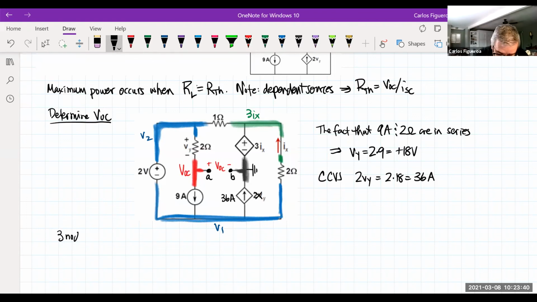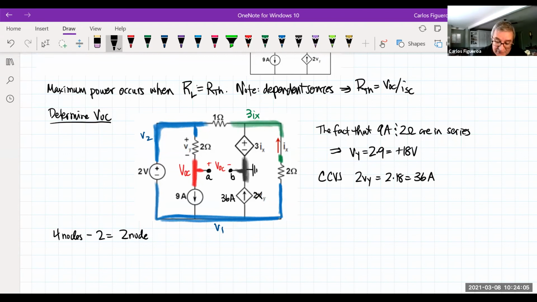I have 3 nodes, right? I have 1, 2, 3. Let's do it right. So no Carlos shortcuts. So I got 1, 2, 3, 4 nodes. I have 4 nodes. I have 2 sources. So I have 2 node equations.